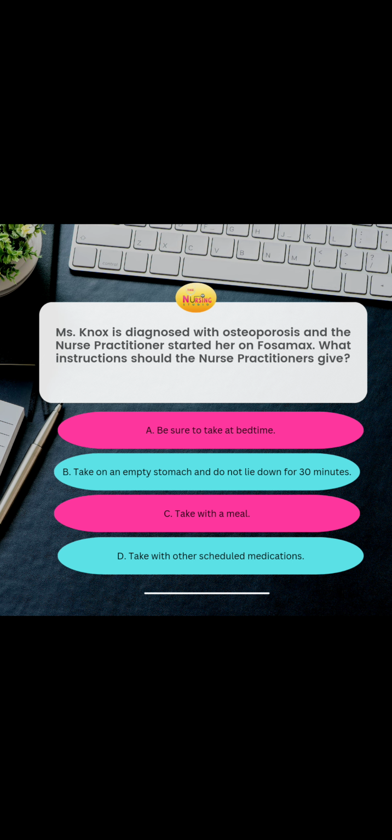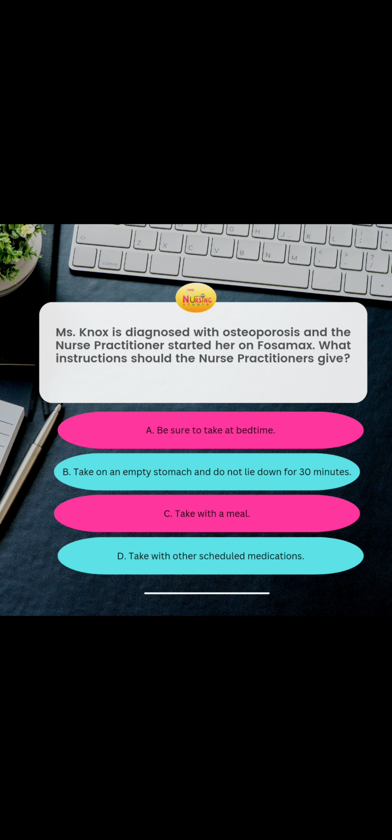Most of the medications, the alternate med, is dronate. So look for those because typically on the exam, it'll give both med names. But the bisphosphonate class, you want to make sure. So this answer choice would be B because you want to make sure you tell them to take it on an empty stomach and not to lie down for 30 minutes.